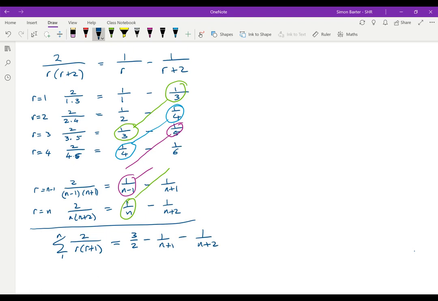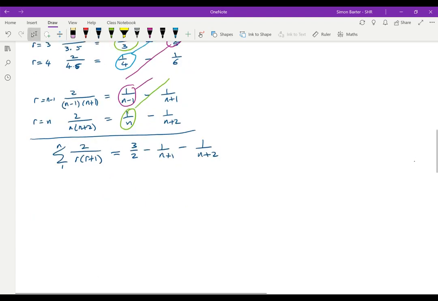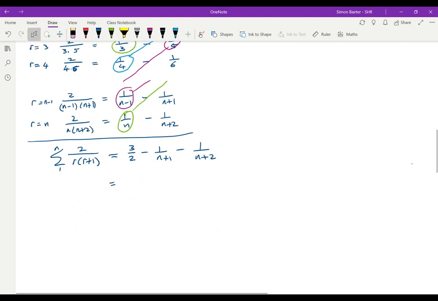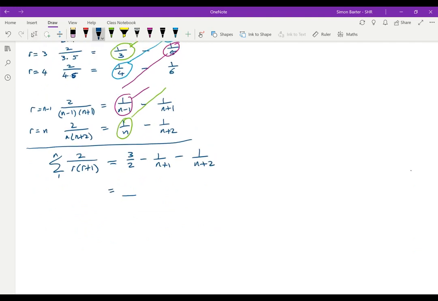Okay, we just need to sort that out now. A little bit of algebra. Put it all over 2 n plus 1 n plus 2. I'll have 3 n plus 1 n plus 2, minus, cancelling the n plus 1, I'll get 2 n plus 2 minus 2 n plus 1.